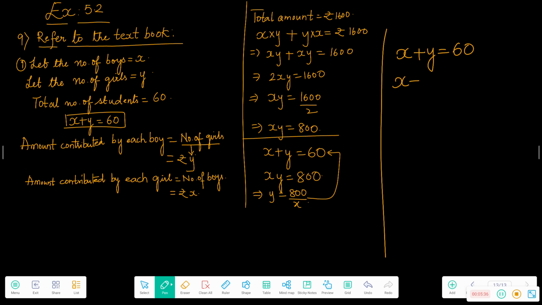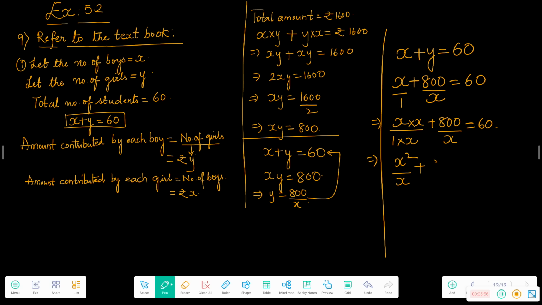So x plus 800 by x is equal to 60. Taking the LCM, x times x is x square, by x, plus 800 by x is equal to 60, which is x square plus 800 whole divided by x is equal to 60.